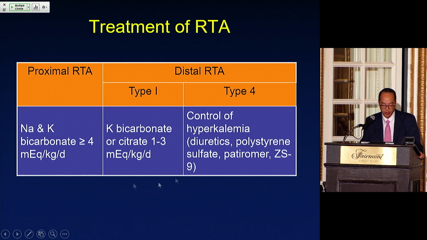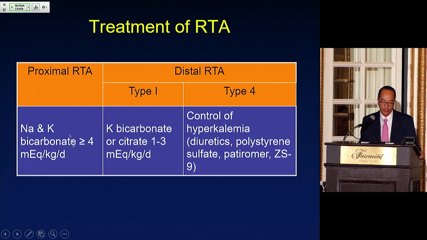The major difference is that in a type 1 RTA, the problem is the failure of the kidney to excrete your normal daily acid load. That's about 1 milliequivalent per kilo per day. So you really only need to give patients around 1 milliequivalent per kilo per day of base, either as bicarb or citrate, usually of potassium because they're hyperkalemic.